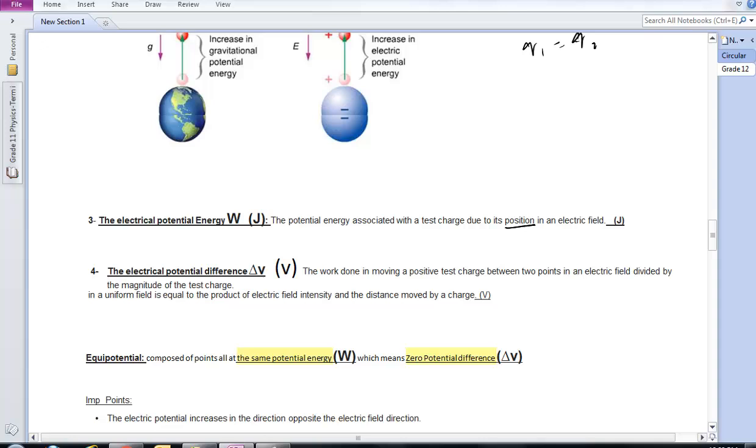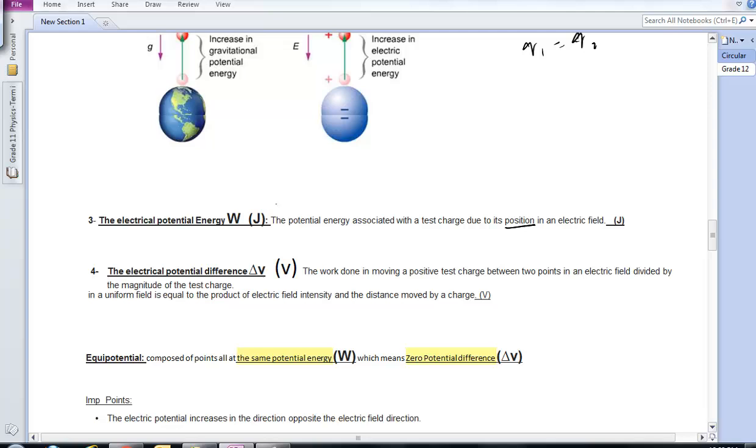Electric potential energy is a potential energy that is associated with the test charge due to its position. But electric potential difference is work done. It is something that should be done. It is not already there. It is something that should be exerted. But with the electric potential energy, you are describing the potential energy.